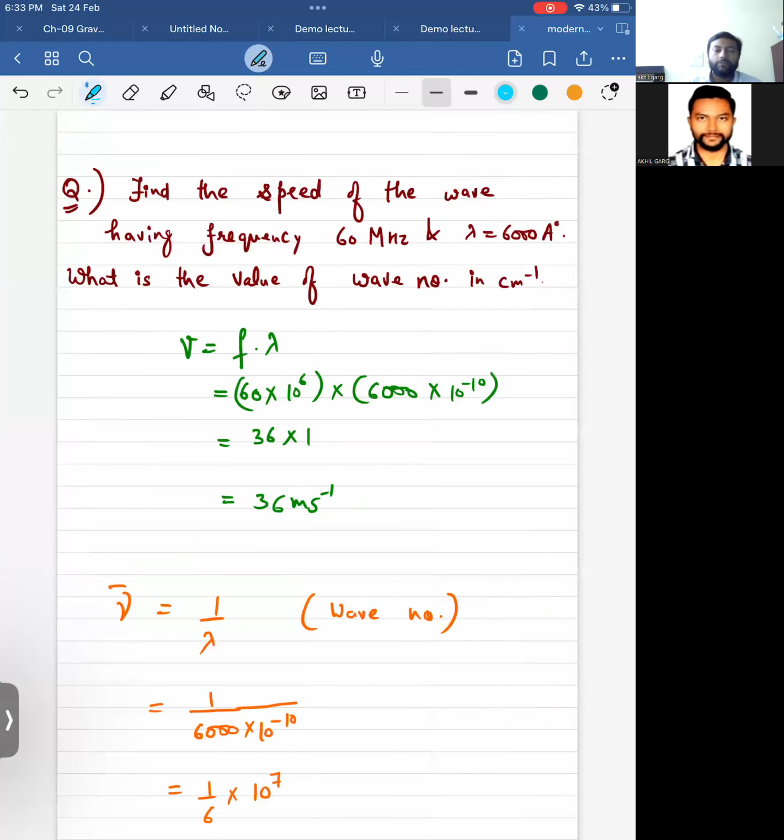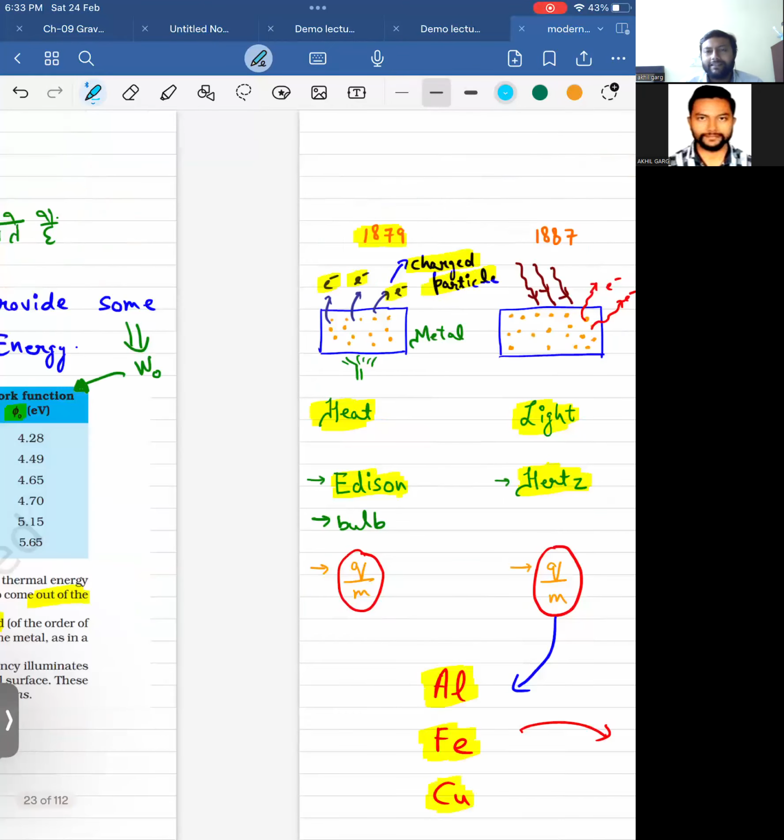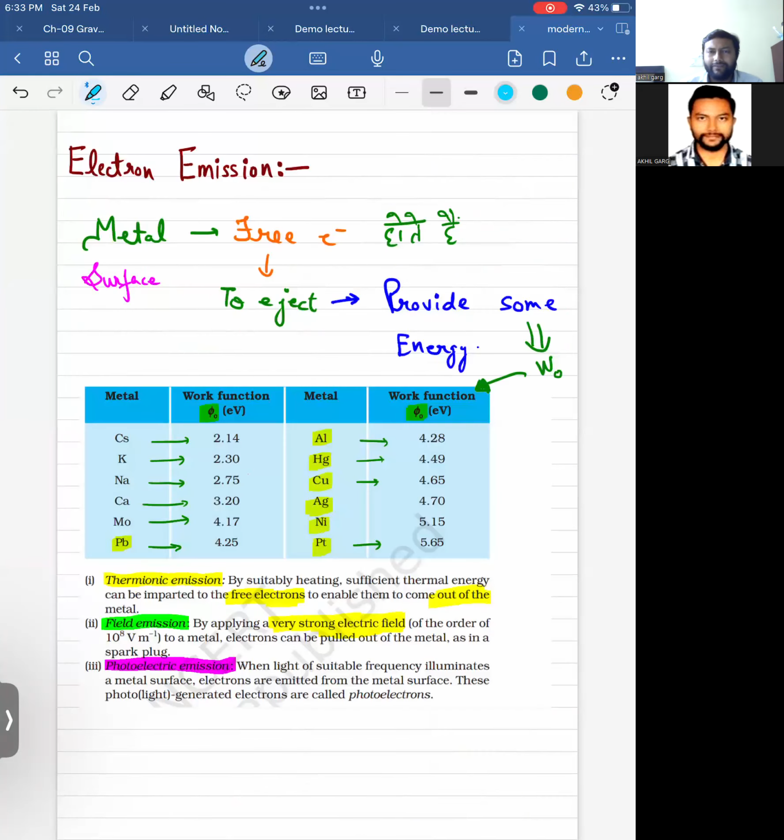Before studying the photoelectric effect, we have to study how electrons get ejected from any surface. As you know, metal contains free electrons. To eject an electron, we have to provide some energy to it.